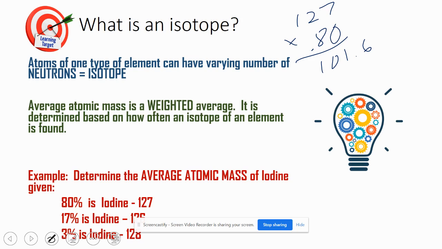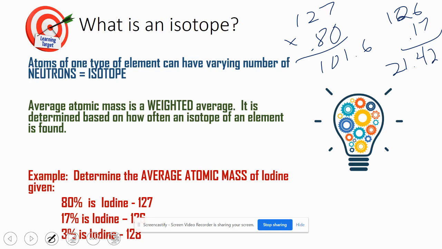Then our next one is 17%, and it's times the 126. So 17% of the atoms are going to have a mass of 126. And so that would be 0.17, and we can do that. And that's 21.42.